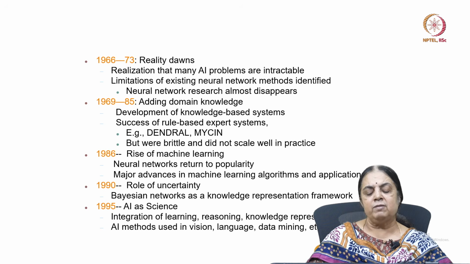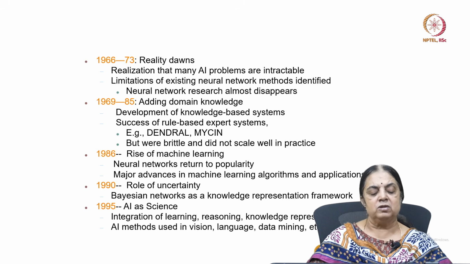So they came up with different methods of knowledge representation and reasoning, okay, and you find that AI methods were used in vision, language, data mining, a lot of different areas and applications, and very successfully used.